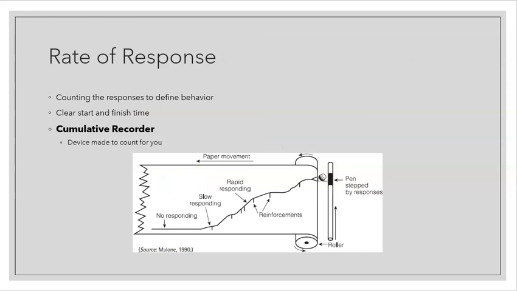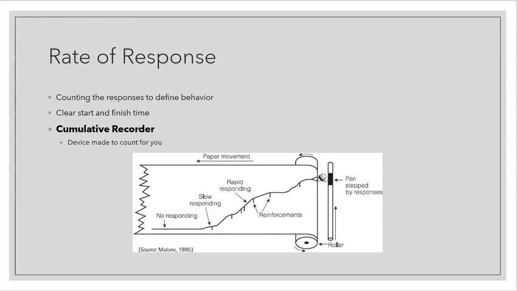So up first, we've got the rate of response. When recording behavior, a lot of times we'll just rate the responses. This is really just counting the response to a defined behavior. So when we are doing this rate of response, we're really just counting the number of times a behavior happens. There's a clear start and end time.